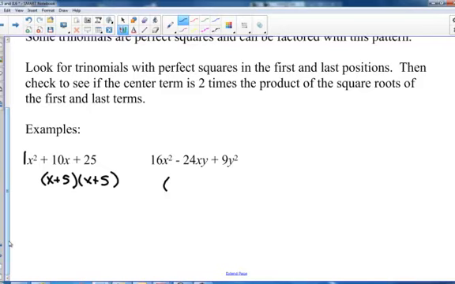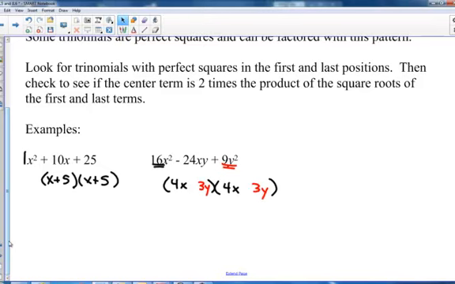All right, in the back here, this is a perfect square, which is 4. This is a perfect square, which is 3. And this is a minus. So if it multiplies to give you a positive, and if it adds to give you a negative, it would have to be minus minus.